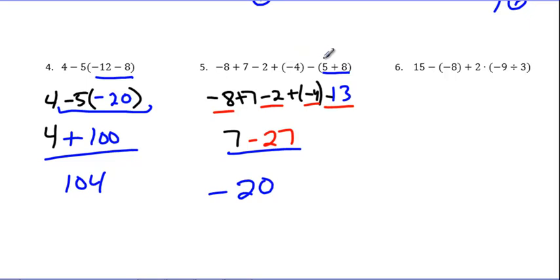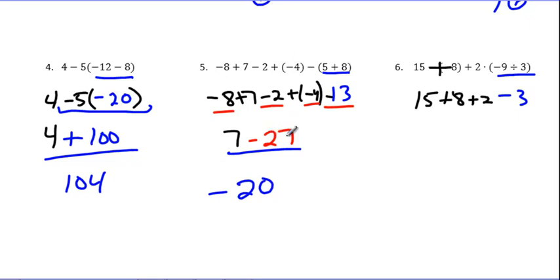Last one. We have a lot of stuff going on here, but I have division first inside of parentheses, so I'm going to do that. Negative divided by positive is negative, so that's negative 3. I'm going to copy everything else down. I'm also going to do something as I copy this down. We hate double sign problems, so we're going to change that right now to plus 8, plus 2.